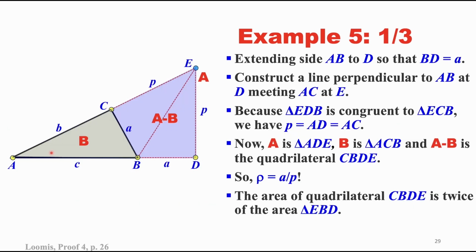Example 5 is an example from Loomis' book. This is the proof number in Loomis' book, and this is the page number. This one requires some construction. We have the right triangle ABC. We extend the hypotenuse to a point D, so that BD is equal to BC.